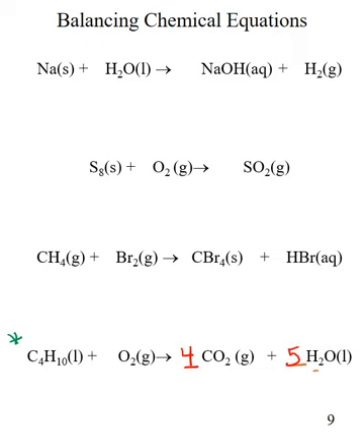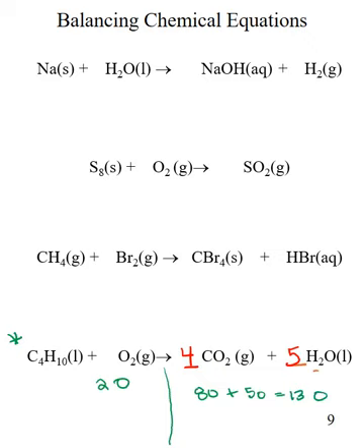Now comes the really challenging one, oxygen. On the left side, I have 2 oxygens. On the right side, just going to draw my line here, I have 8 oxygens plus another 5 oxygens, so that gives me a total of 13 O's.